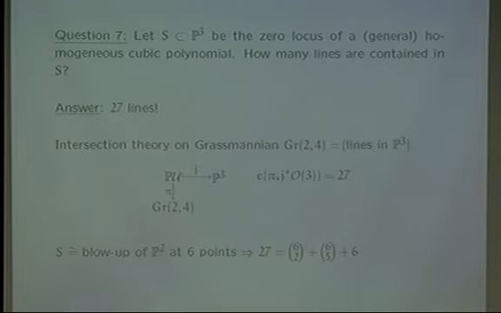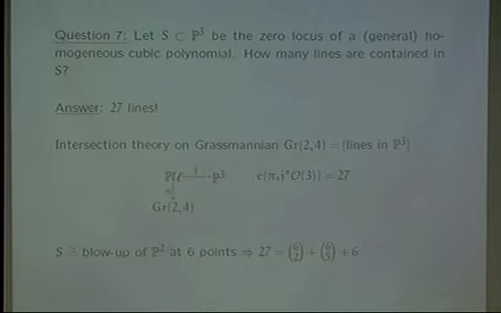Then you have a universal family of two-dimensional subspaces. It is calligraphic U, the universal rank 2 bundle, and you projectivize it. And then there is an obvious embedding map to P3.